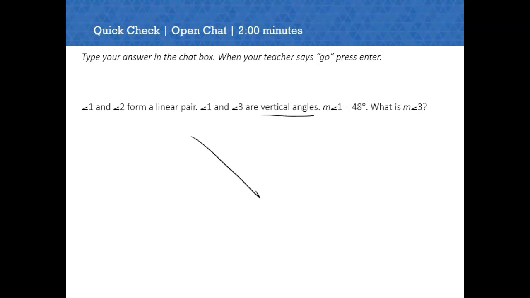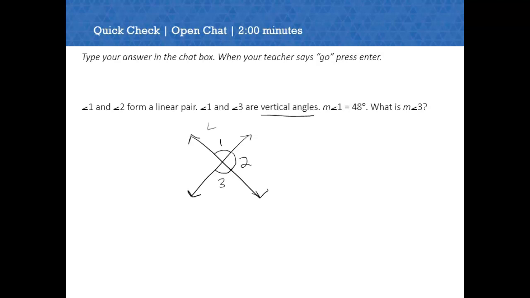Vertical angles are angles that are directly across from each other. So this could be angle 1 and this would be angle 3. A linear pair, they form a line. So here's angle 1, so angle 2 would be over here.